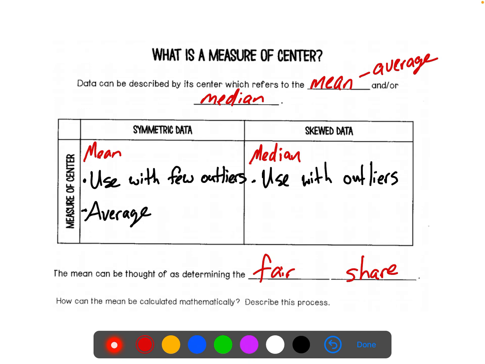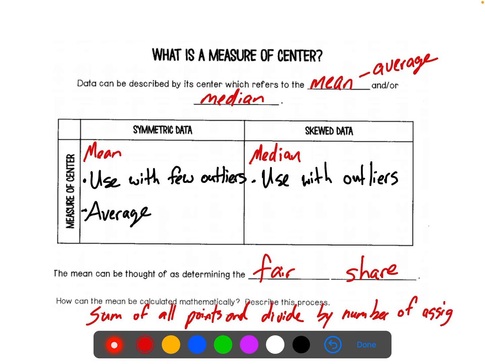And the way that we do that, and I hope you're familiar with this, is that we get the sum of all points and divide by the number of, I guess we'll say assignments because that's what we're comparing to.